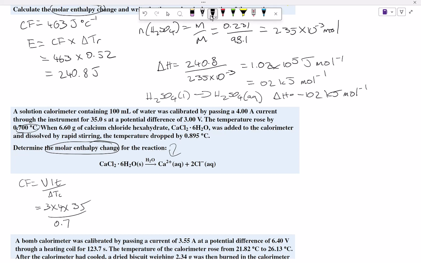That will give an answer of 600 joules per degree centigrade. That was what the calibration factor was.